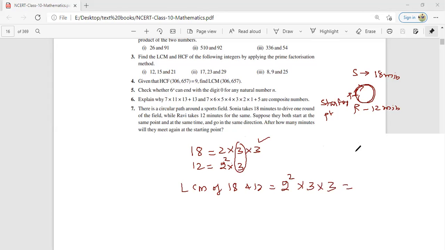So 2 squared into 3 squared, 4 into 9 is 36. So Sonia and Ravi will meet after 36 minutes.